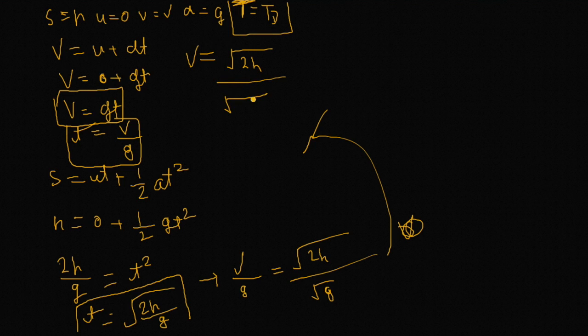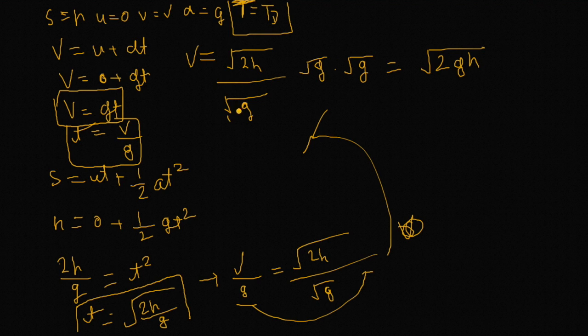I've written it separately because we've taken g from here to the RHS. We can also write g as root g into root g. Then this g and this g will get cancelled. So we'll get v is equal to root 2gh.